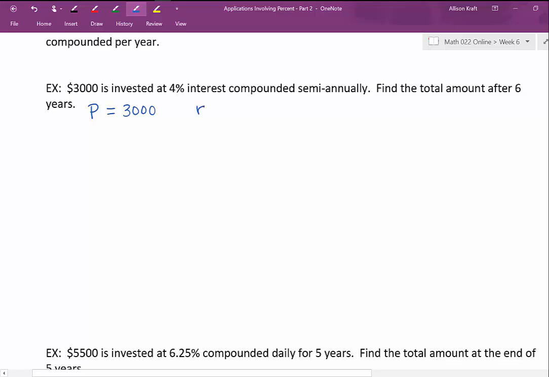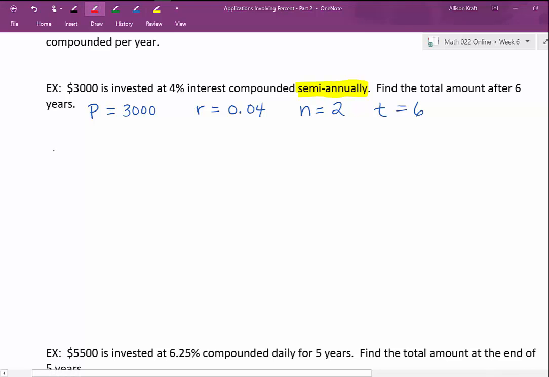The interest rate is 4%, which we'll write as a decimal. N is the number of times we're compounding our interest per year. Semi-annually means that we're compounding twice per year. And then lastly, our T is the number of years, which is 6.